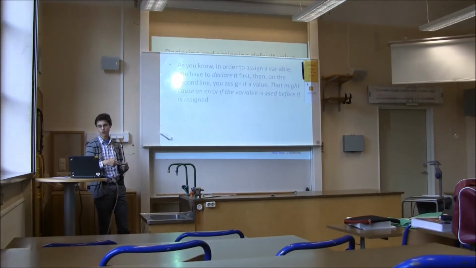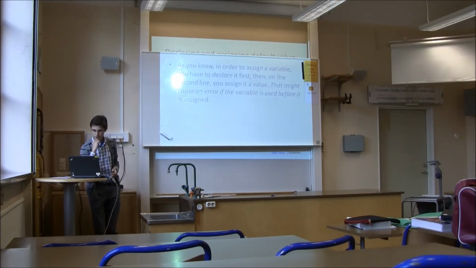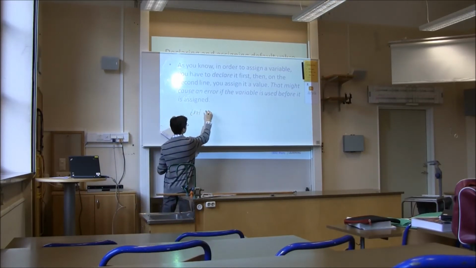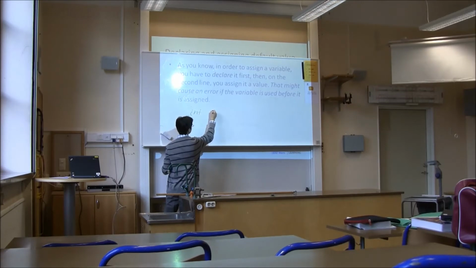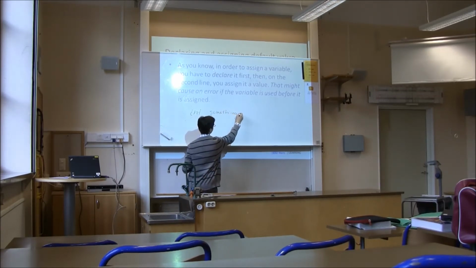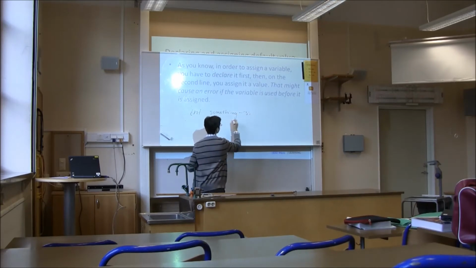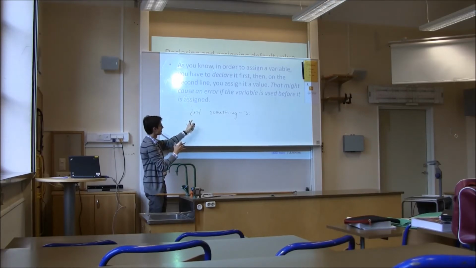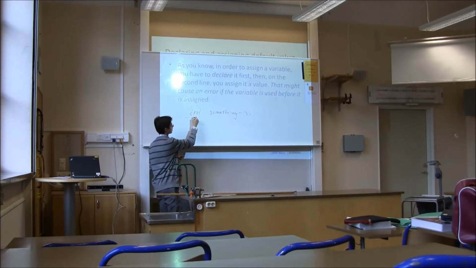Also, in order to assign a variable, you have to declare it first. You remember this procedure. You write int something equals 3. This is a declaration, and this step you don't need to do more than once.